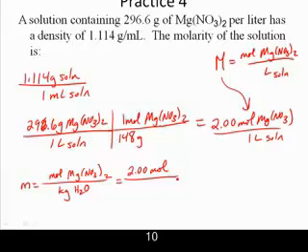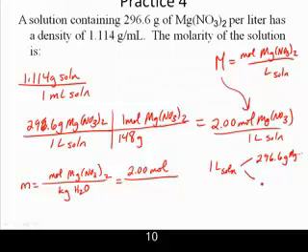So what do I know? Well, in 1 liter of solution, what do I have? I know that I have 296.6 grams of my magnesium nitrate, and then I have some grams of water. That's what I'm trying to find.